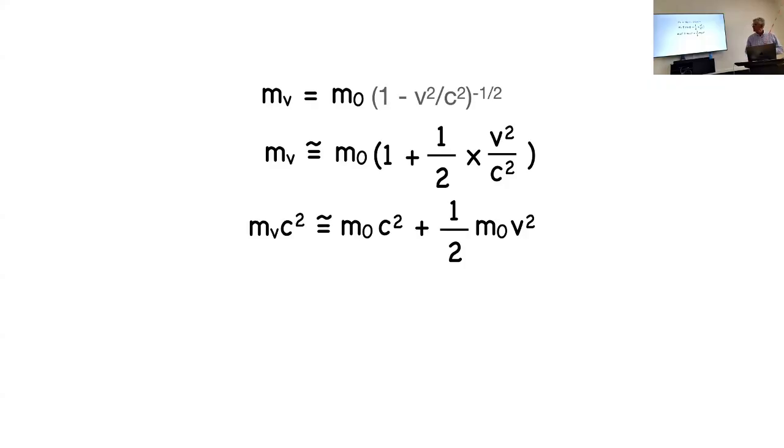So again, what he's saying is at low velocities, the relativistic mass, m sub v, times c squared equals rest mass times c squared plus an additional amount given by the kinetic energy. And so we find, simplistically, the same thing we found at high velocity.